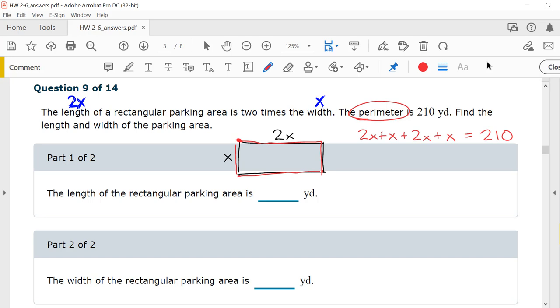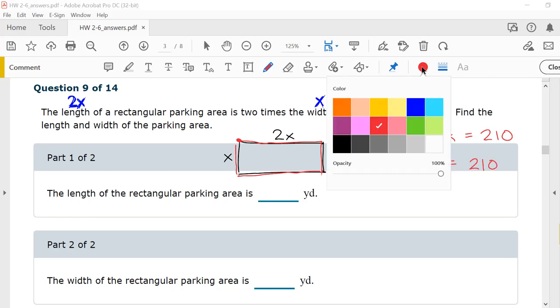So if I add up all the lengths of the sides, 2x plus x plus 2x plus x, I would get 210. Now collecting like terms on the left, 2x plus 1x plus 2x plus 1x is 6x, because 2 plus 1 plus 2 plus 1 is 6.